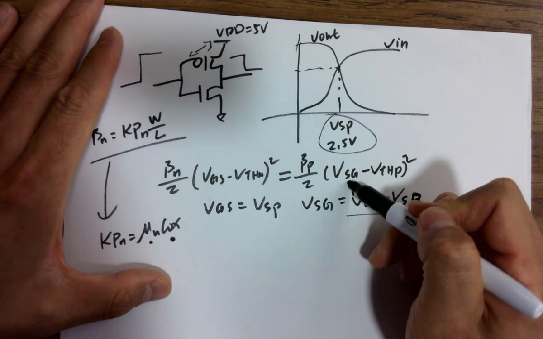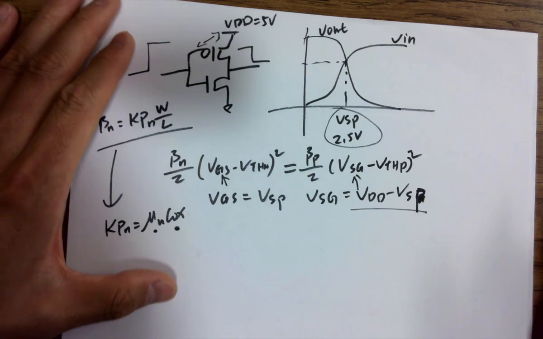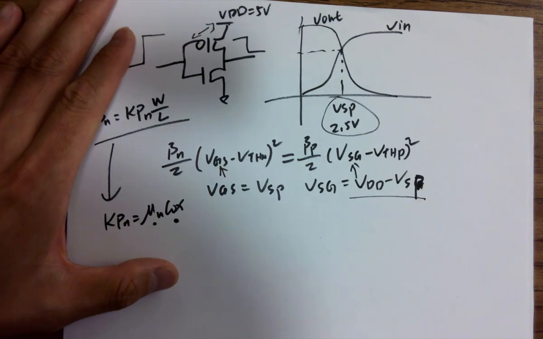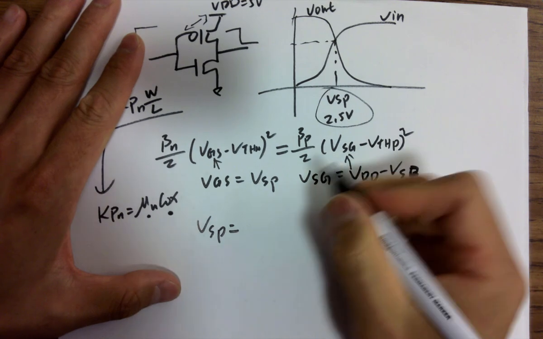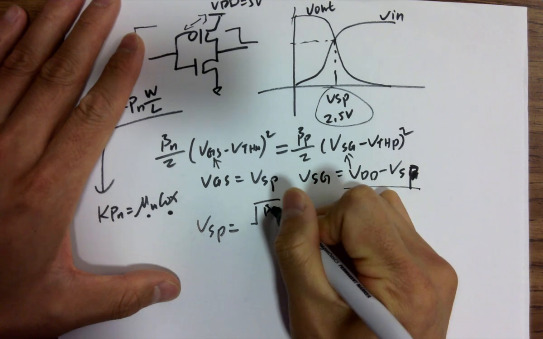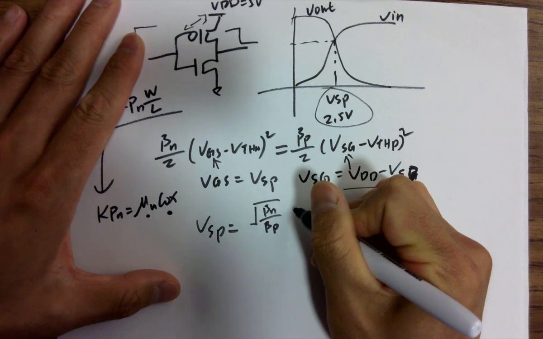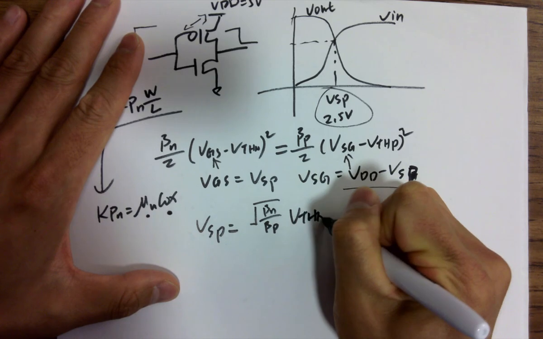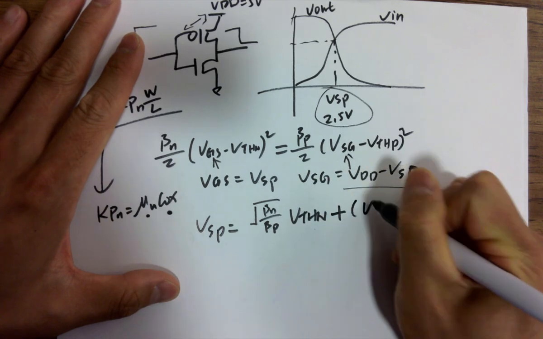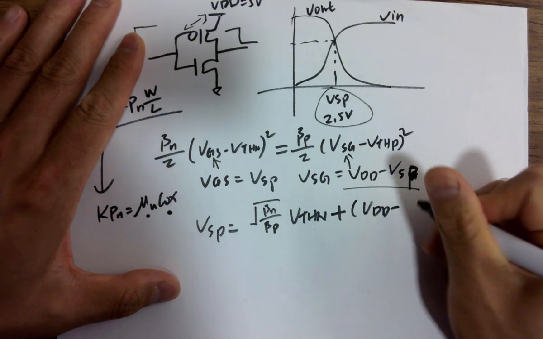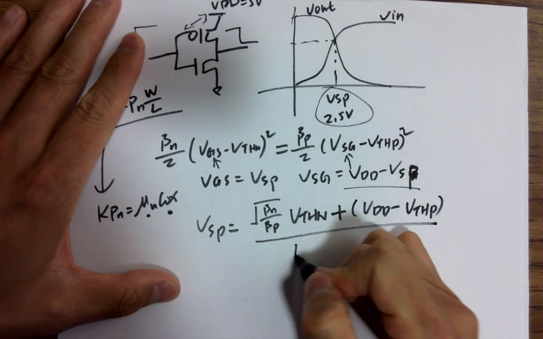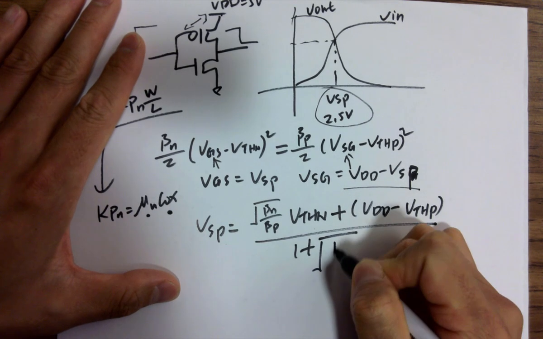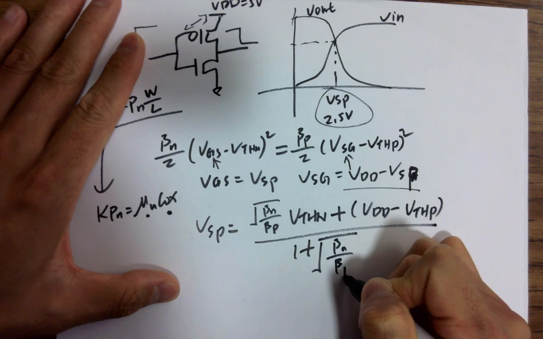Then you replace the VGS and VSG, and eventually you get an equation like this: VSP equals VTHN plus beta p over beta n... VDD minus VTHP over 1 plus beta n over beta p.